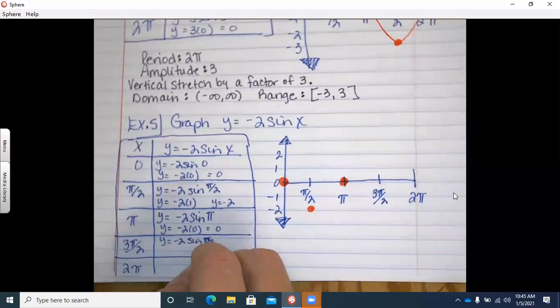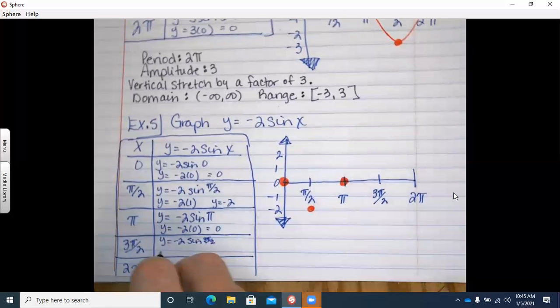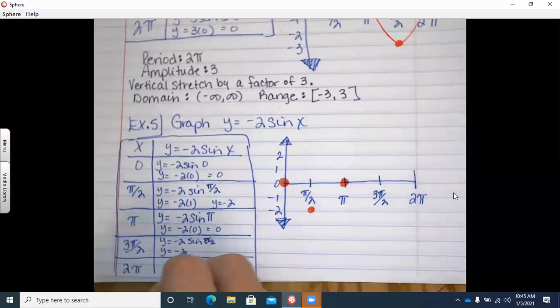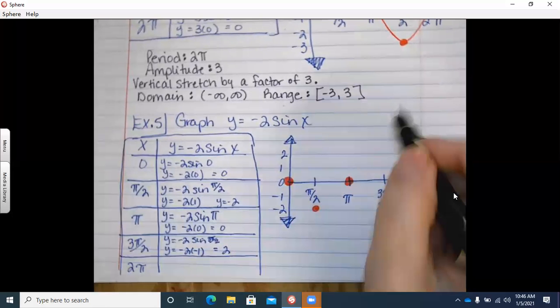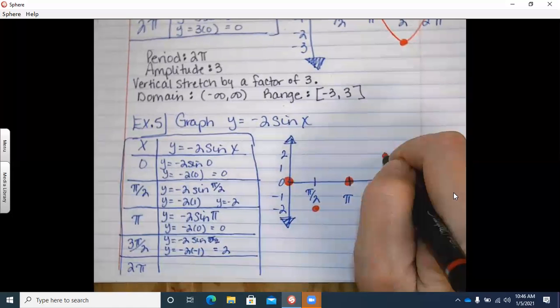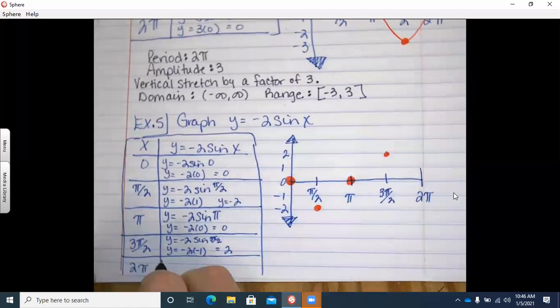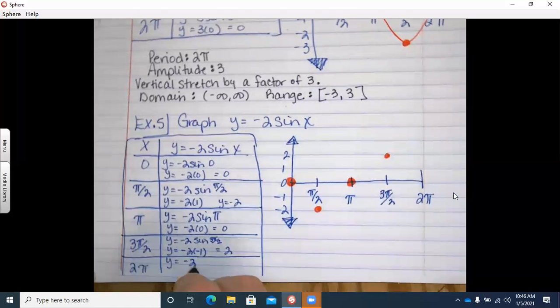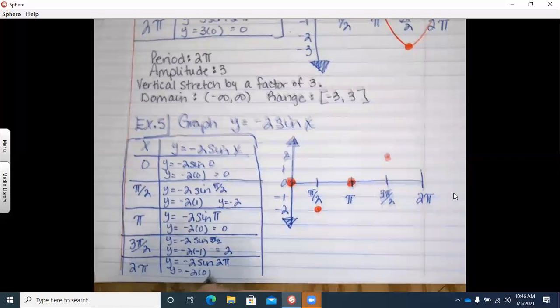And the sine of 3/2 pi is -1. So -2 times -1 gives me +2. So that is going to be the highest point on the graph. Where do you think 2 pi is going to land us? 0. Let me show my math. Y equals -2 times the sine of 2 pi. The sine of 2 pi is 0. So that's -2 times 0, which is 0.